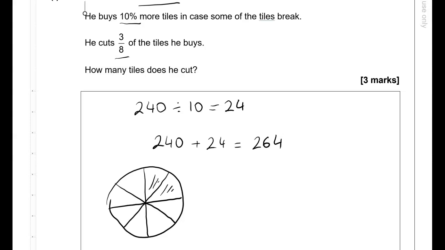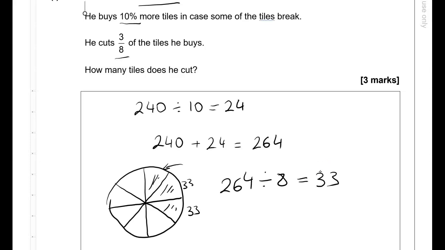So 264, we divided by 8 first to get one of these slices, or 1/8, which gives us 33.